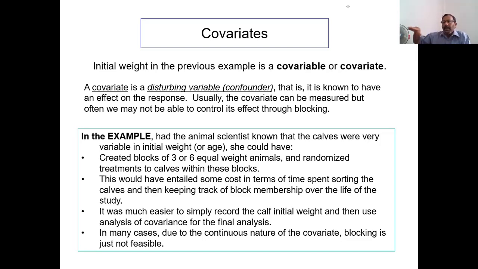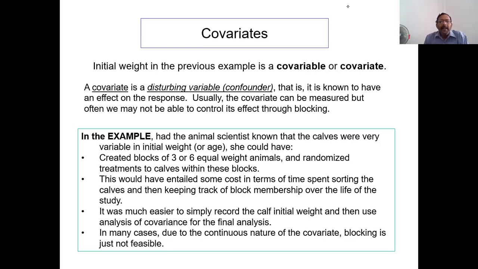If you have a kind of gradient, then we can control it using blocking. But here we cannot do the blocking. We know that there's a variation in weight, but the weight is not coming in a very nice systematic way. If it is coming in a systematic way, yes, but it's not.